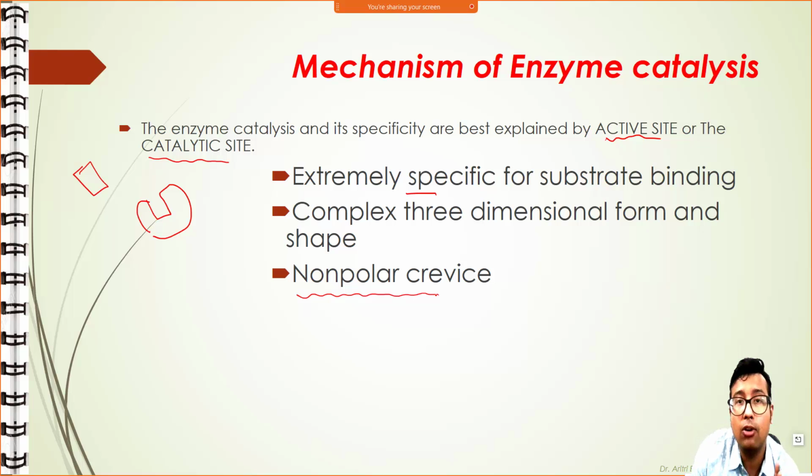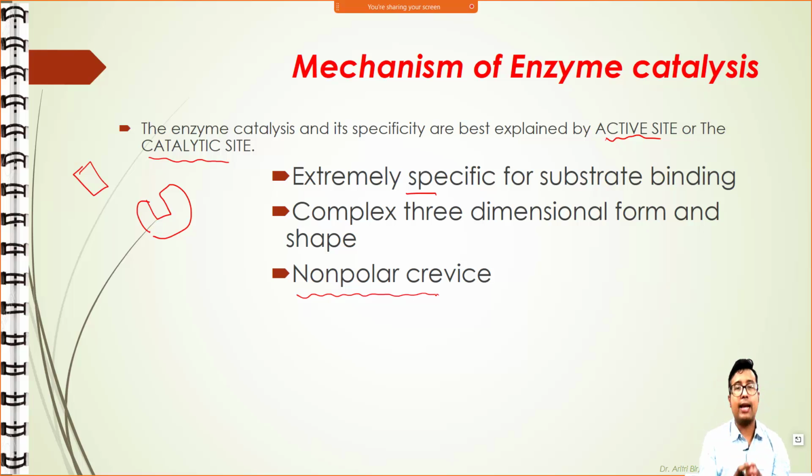Mind it, I already told you, enzyme substrate complexes are weakly bound by non-covalent interaction, right? It means there is no covalent bonding at the active site as long as the enzyme is in the enzyme substrate complex form.